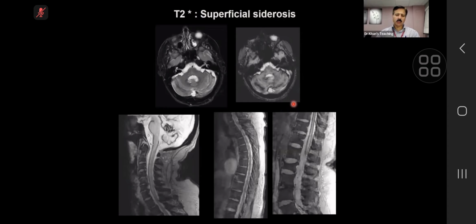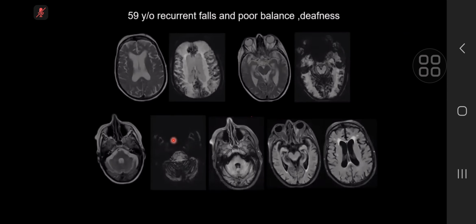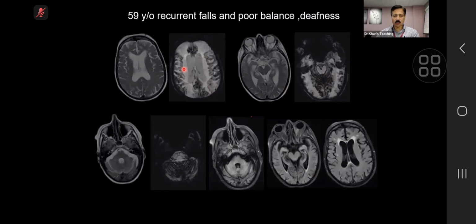This deposits on the leptomeninges, usually in the basal cistern, around the cerebellum, pons, etc., and in this case also on the spine, and you can see how it is low signal on T2 weighted sequence. Another case here shows all of this deposited on the SWI sequence.